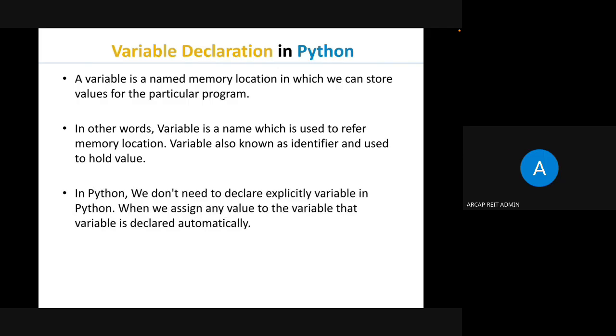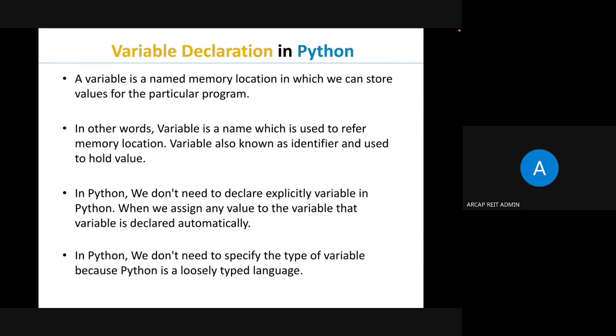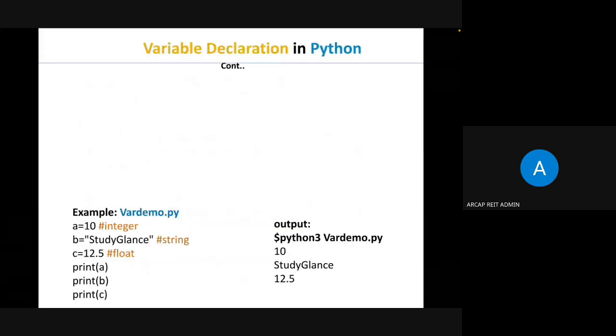In Python, we don't need to declare a variable explicitly, and when we assign any value to the variable, it is declared automatically. In Python, we don't need to specify the type of the variable like in C, like int A is equal to 20. We need not specify that. Directly, we can write A is equal to 20.